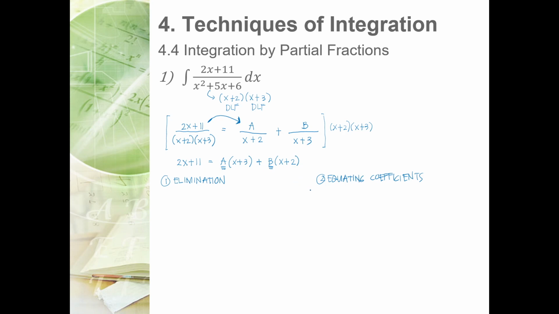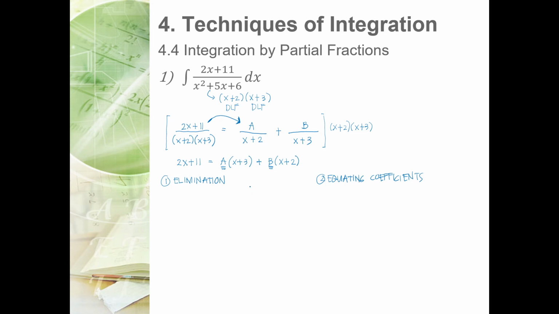For equating coefficients, it may be 3 or more, but the disadvantage of this one is that it's a long process and you probably have to know how to use matrix. Probably once you reach 5 equations or 5 unknowns, 6 unknowns, that's the time that you're going to use matrix to solve for your unknowns. So for me, equating coefficients is better for larger amounts of, or let's say, many unknowns.